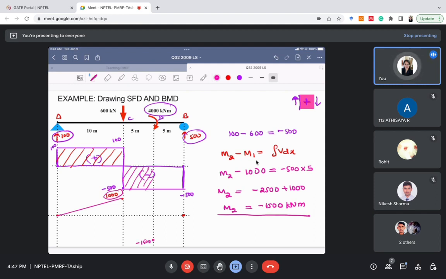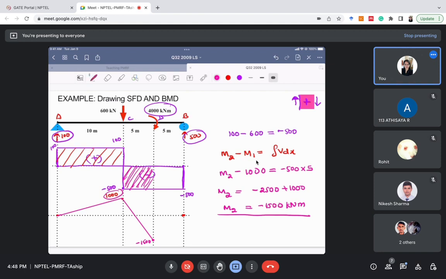What will be the shape now? Between section CD, the shear force is negative and constant. It is neither increasing nor decreasing, but it is negative, right? Negative and constant is this kind of shape, so we will join it with this straight line here, right? I hope you agree.